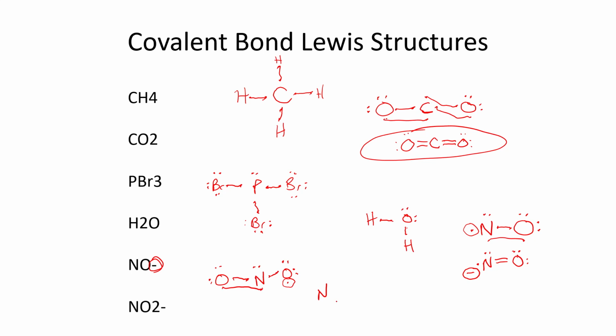So in this one we have, sorry, let me start with an O. 1, 2, 3, 4, we got 2 bonds to an N. We have 1 bond to this oxygen, and then we have that single electron that's by itself, and that makes it angry. So we're going to indicate that electron by putting a negative charge on that side. So this would be our final Lewis structure for NO2 minus.